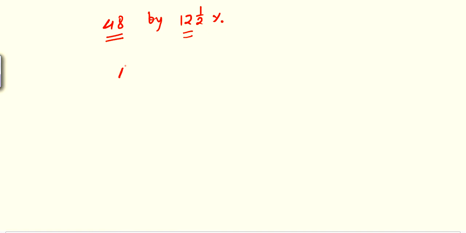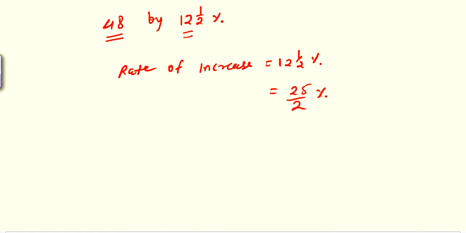So first is the rate of increase, 12, 1 by 2%, which you can convert into an improper fraction. 12 into 2 is 24 plus 1, 25 by 2, 25 by 2%. Now we have to find 12 1 by 2% of 48, then we will add it to 48.